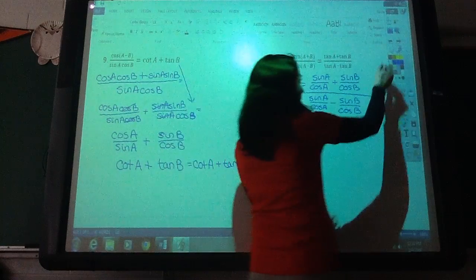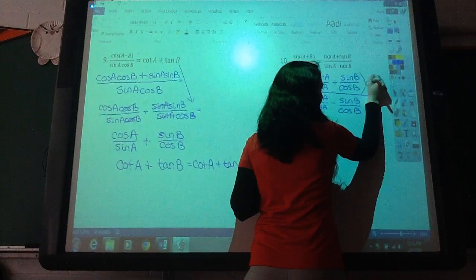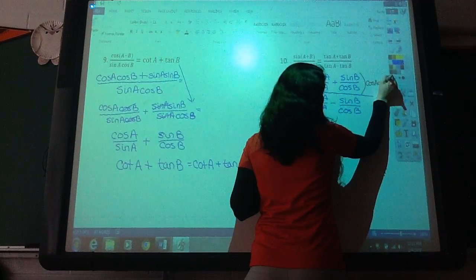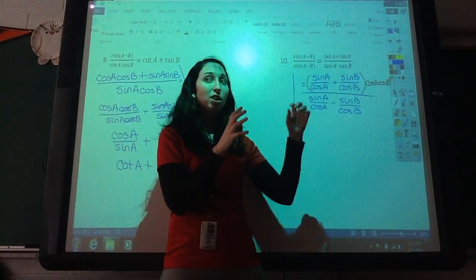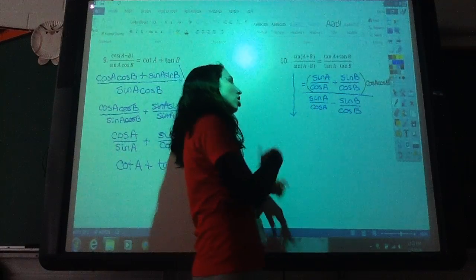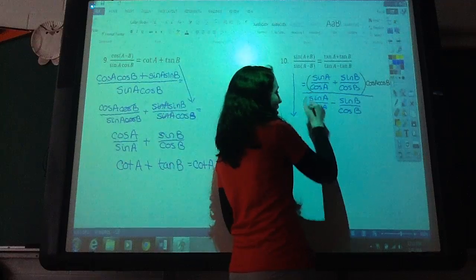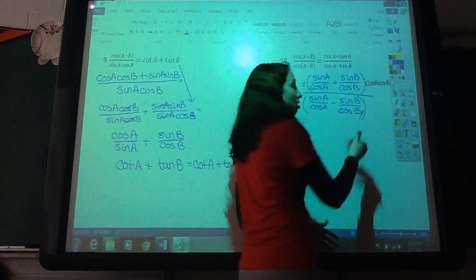So what are the unwanted denominators on top? Cosine A and cosine B. And that means you can't just say, oh, I'll just multiply top and bottom by cosine. It's cosine of one angle and a cosine of a different angle. So you have to have both. Are they the same unwanted as the bottom? Yes. That's convenient because it means everything's going to cancel out without adding more pieces.